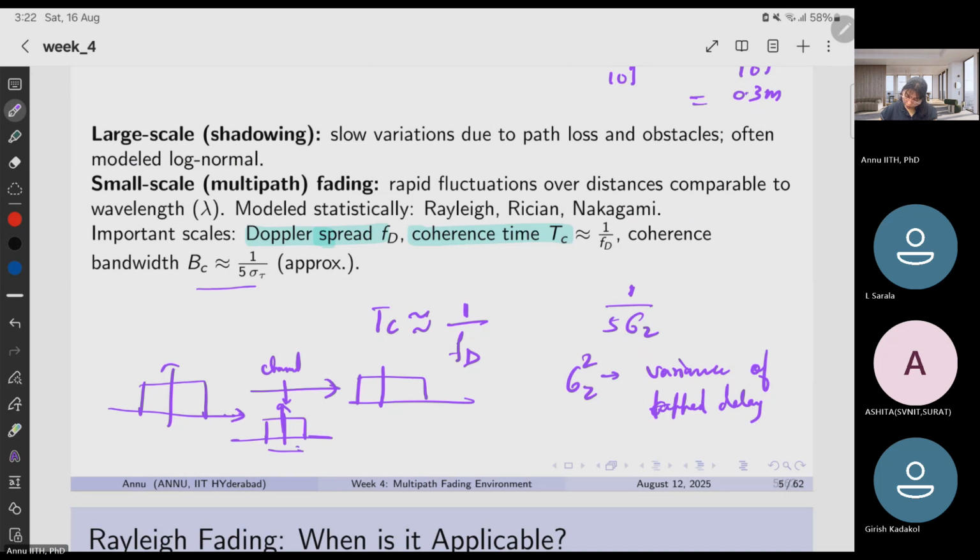Yeah, this is B. So if the input frequency is less than B, then there is no frequency selective fading.